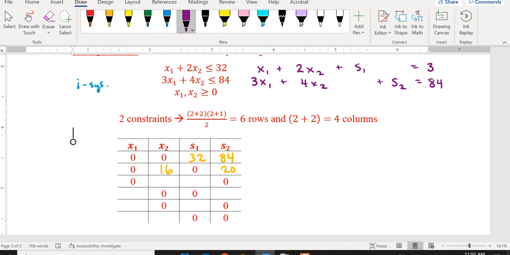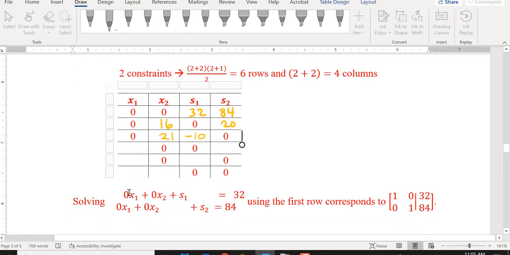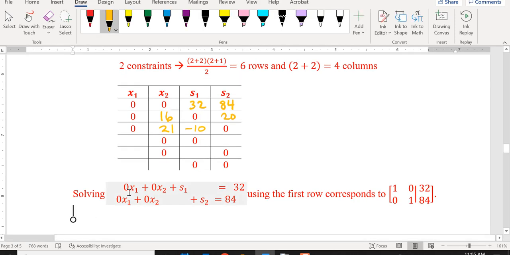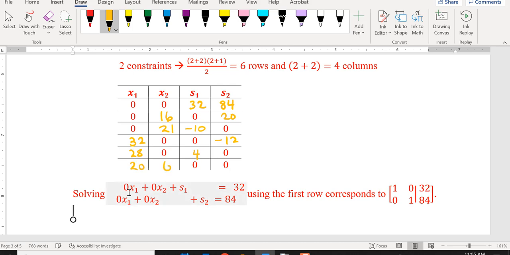Okay, the rest of your solutions would be 21, negative 10, 32, and negative 12, and then 28, 4, 26. Anytime the slack variables were negative, what do you do? Okay, I see a negative there and a negative there. I'm going to cross out that entire row.